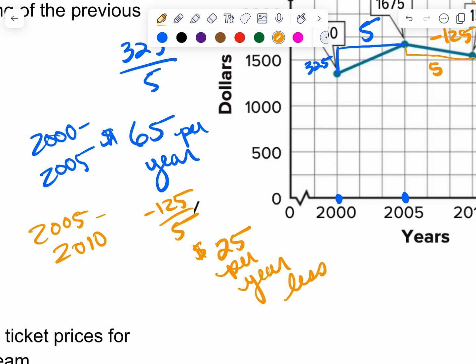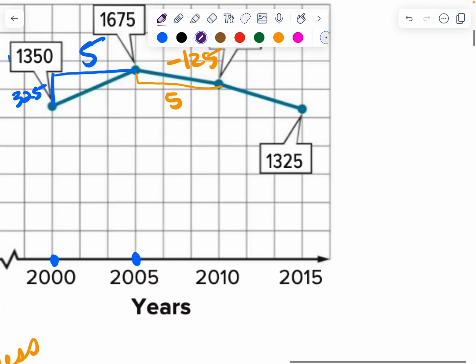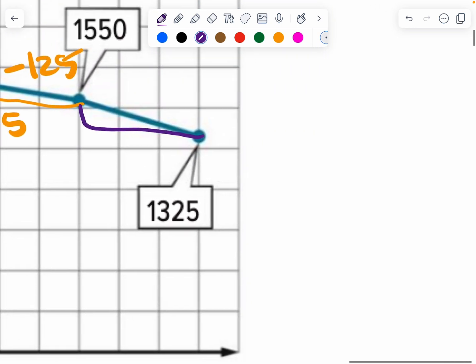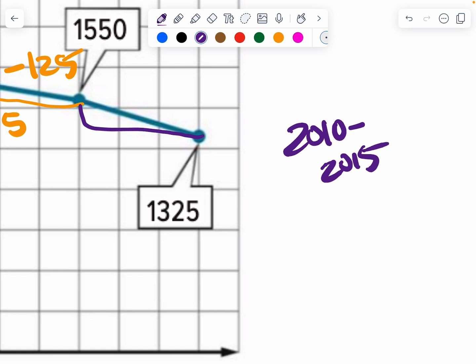Okay? And last but certainly not least, we're still going down here. So we still went down here, and that's from year 2010 to 2015. Okay, it's still over 5. So 1325, oops, again, calculator. Subtracting, again, I could have done this in my brain. 225.